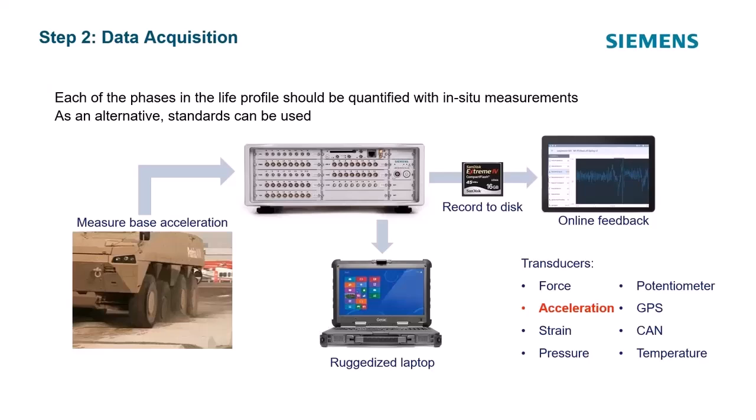Generally, we're going to do a triax because remember, we're going to synthesize 3 single axis tests, an XYZ type test. We're going to measure acceleration. If possible, it's good to have some measurements on the part itself, just so you can see what's going on, especially when we get into the lab.